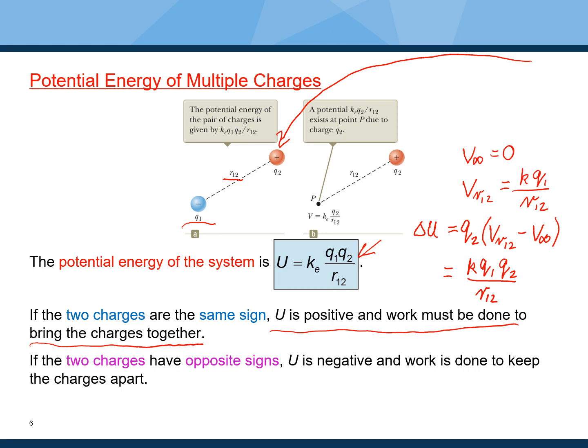In other words, the amount of potential energy is negative and work is done to keep the charges apart. Okay, so that's the important idea associated with potential energy associated with two similar charges and two opposite charges.